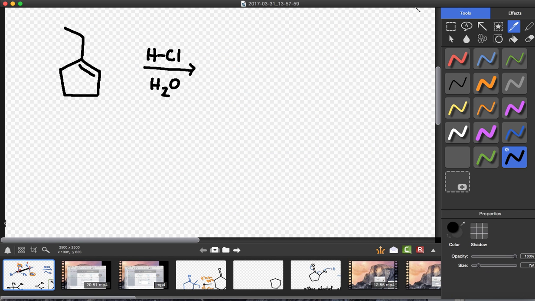Right now let's look at an electrophilic addition reaction, which is acid catalyzed and yields a halohydrin. So we have HCl and H2O. The first step of this mechanism is going to be the familiar proton transfer.